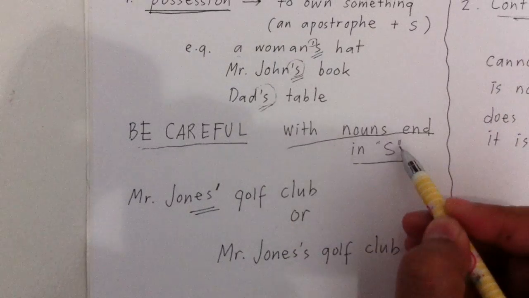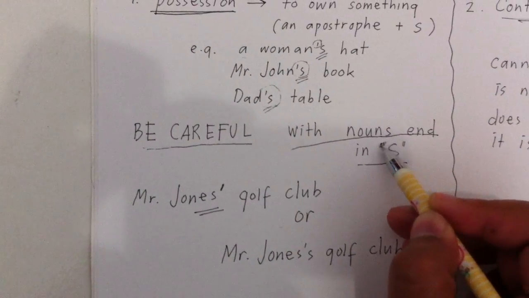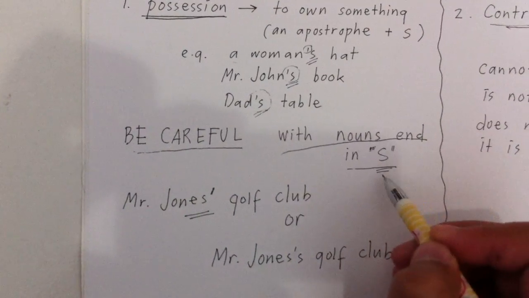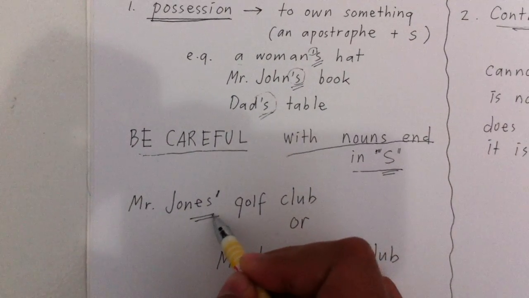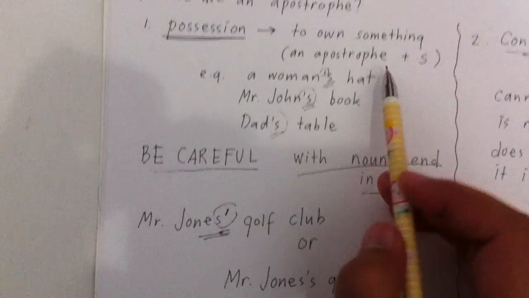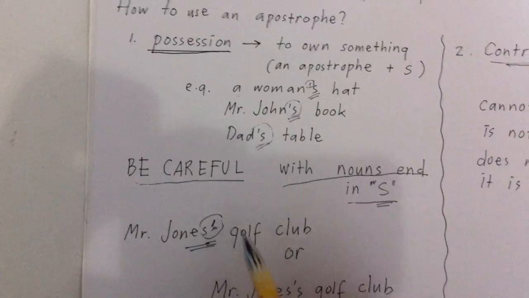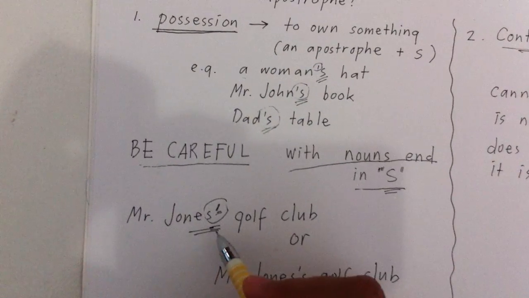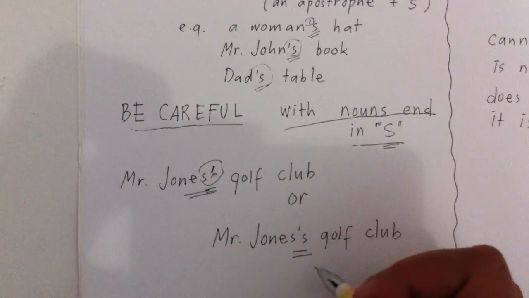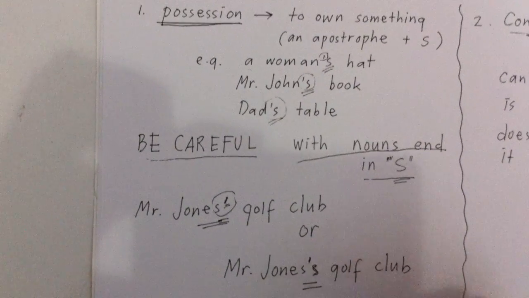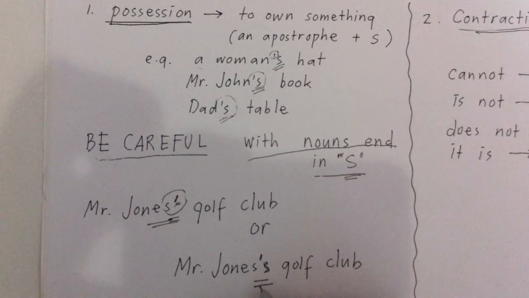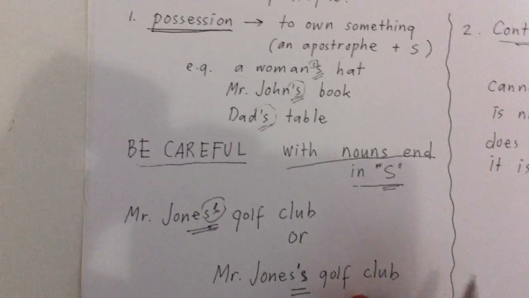When you have nouns which end in S, sometimes you don't need to use an apostrophe plus S, but you can only use the apostrophe: Mr. John' golf club. But you can also actually use apostrophe plus S in nouns which end in S. So Mr. Jonas's golf club.